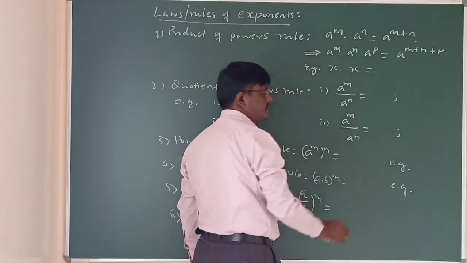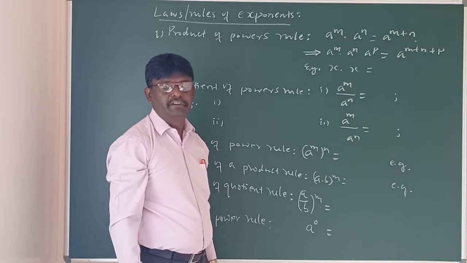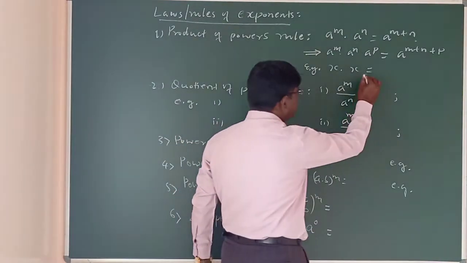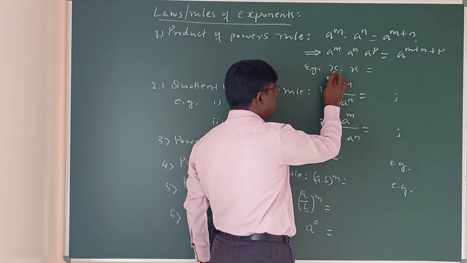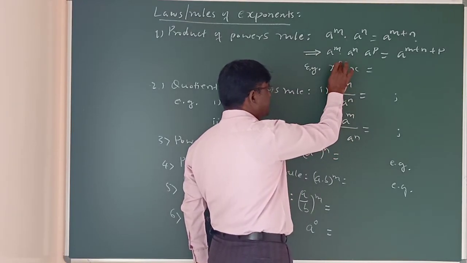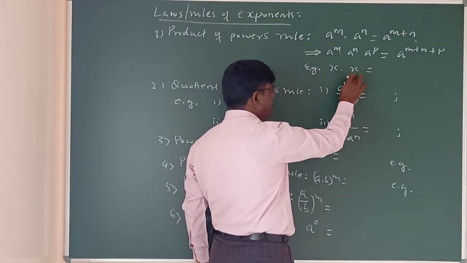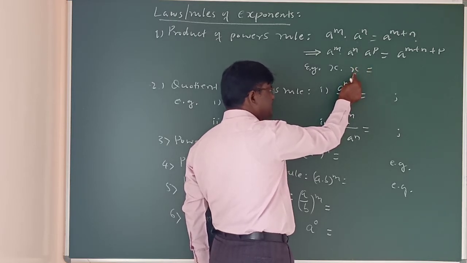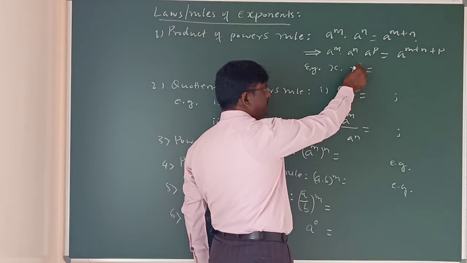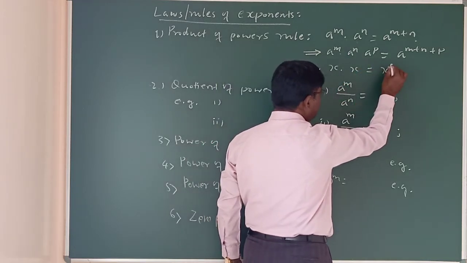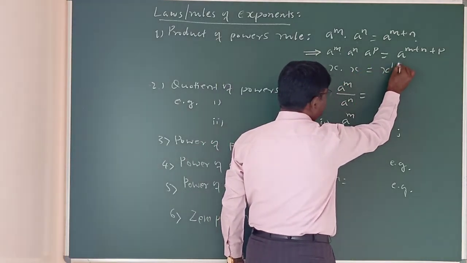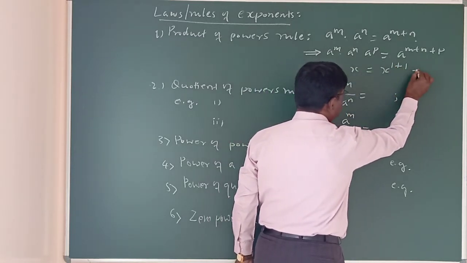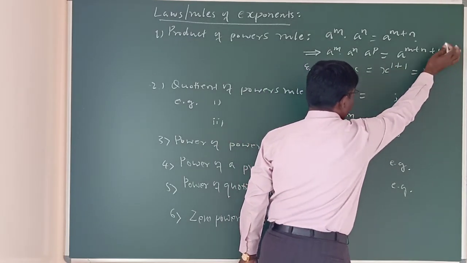Simple example: x into x. What, children? X into x we say x square. How does that square come? The exponent of x is 1. It is x raised to the power 1. Thus the exponents 1 plus 1 are added, then we get x square.